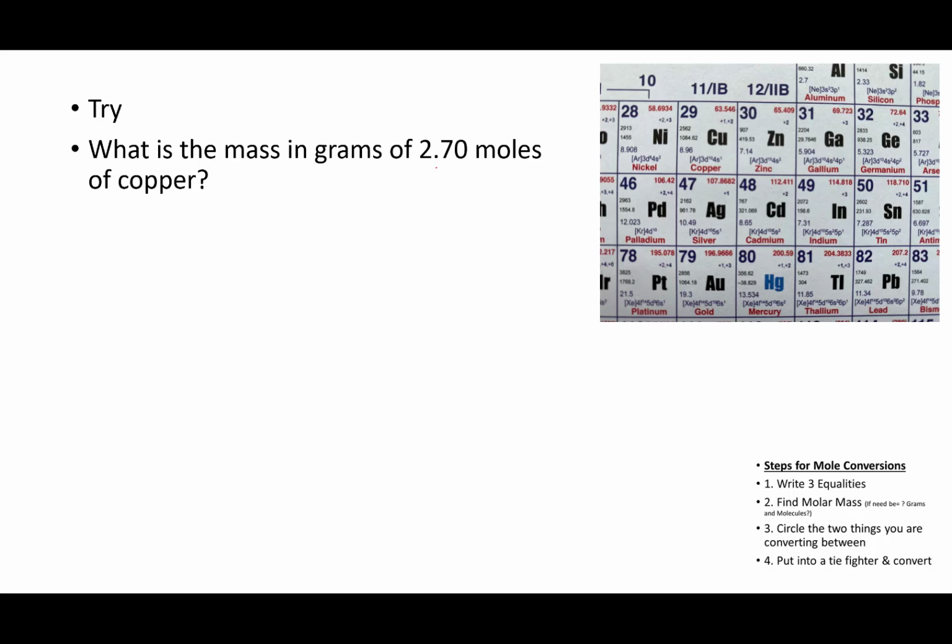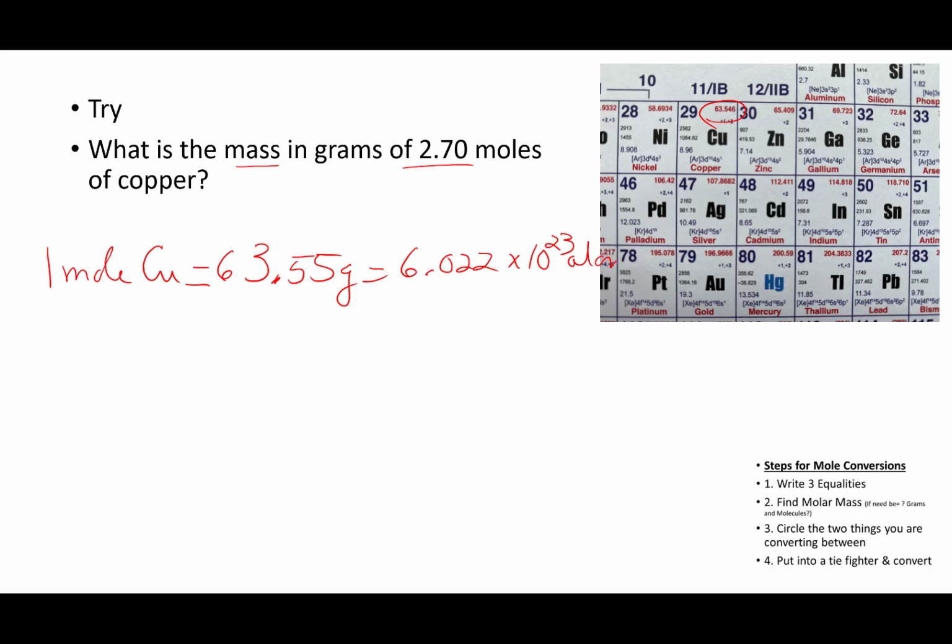Okie dokie. I said that a lot. Sorry, I'm getting repetitive. 2.7 moles of copper. What is the mass? So 1 mole of copper is 63.55 grams, and 6.022 times 10 to the 23rd atoms.